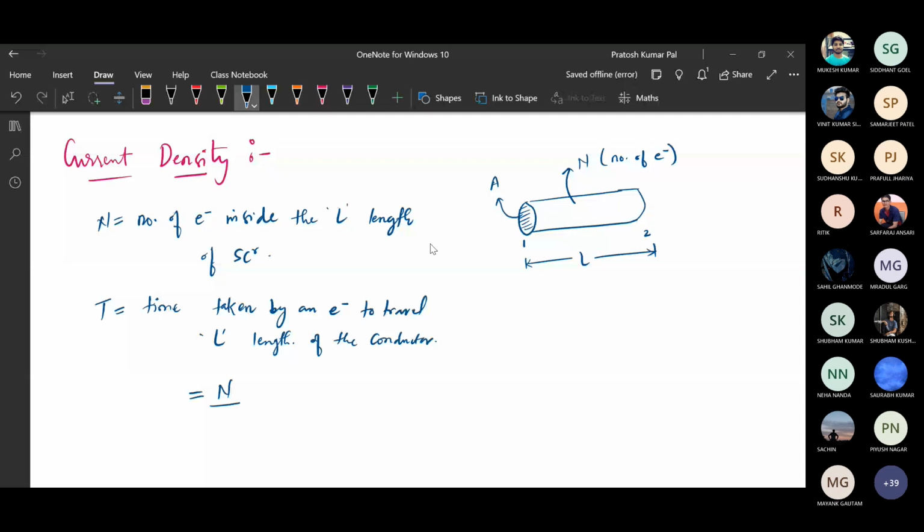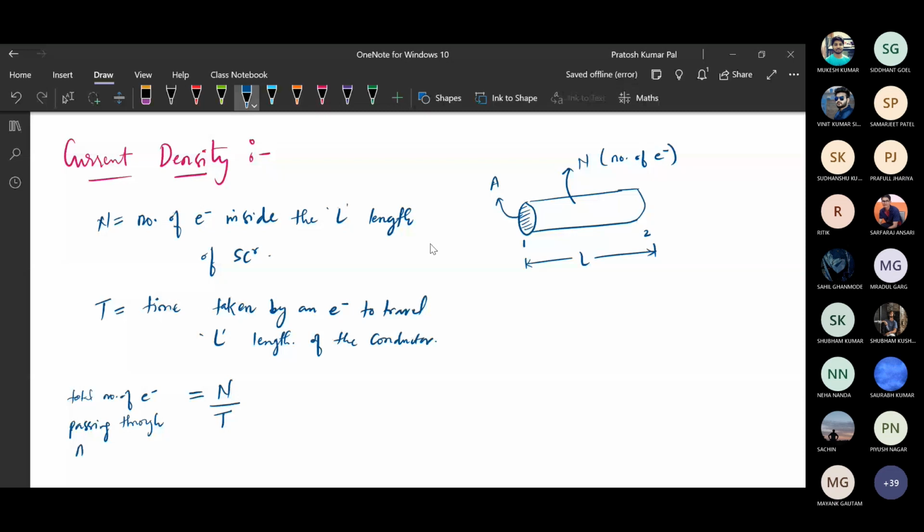So this is the total number of electrons passing through an area.